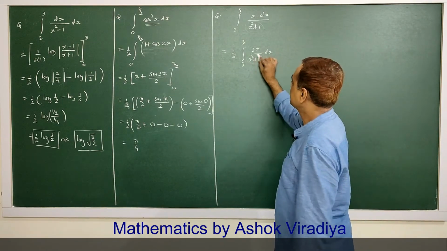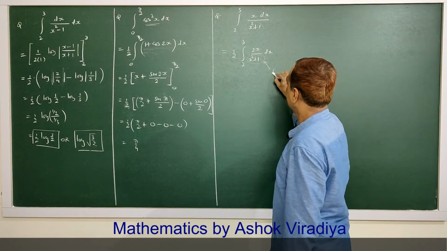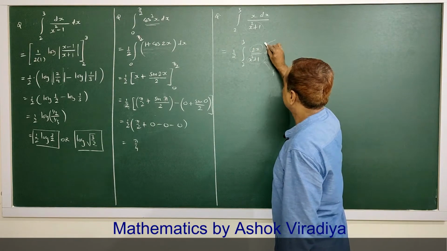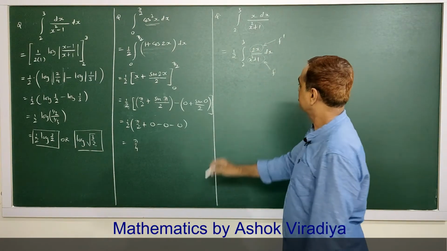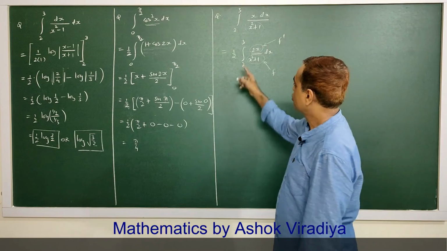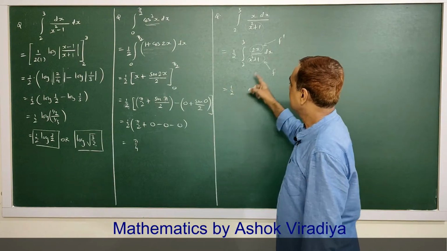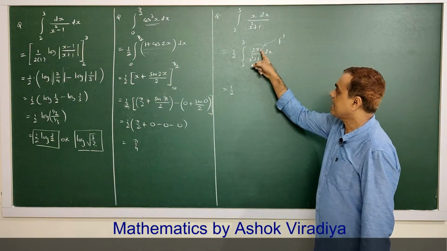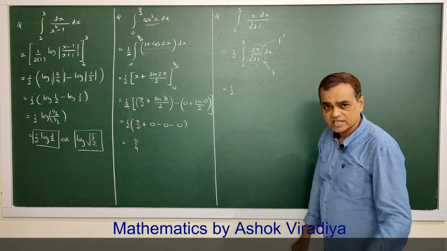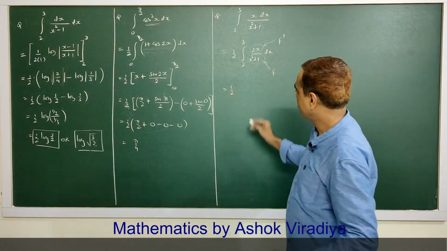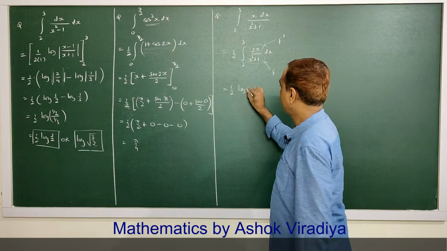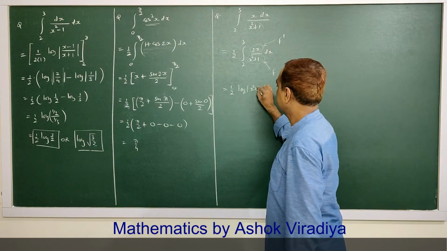So if this is function f, then this is its derivative, f dash. So 1 by 2 times the integral of f dash upon f. The integral of f dash upon f is log of modulus f x.